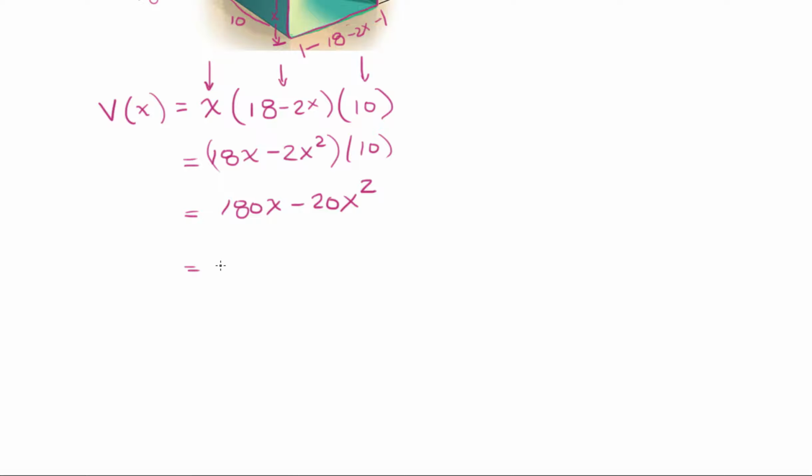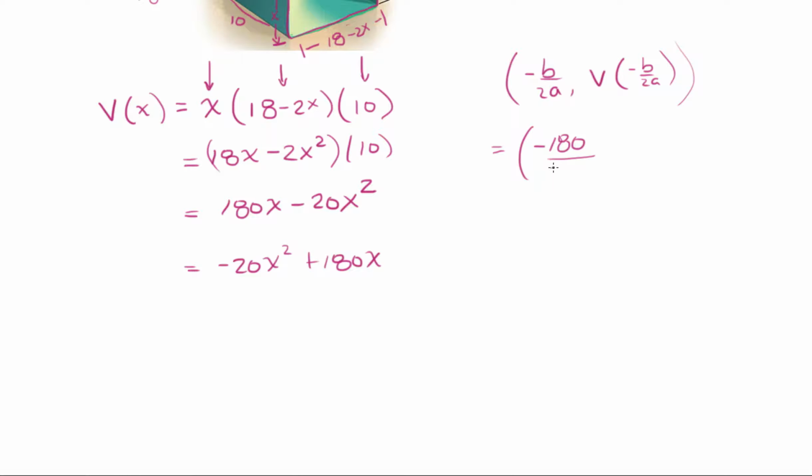Now we have negative 20x squared plus 180x. Notice now that we can apply the formula to find the vertex: negative b over 2a, comma, v of negative b over 2a. What is b here? It is 180. So you get negative 180 over 2 times a, which is negative 20.